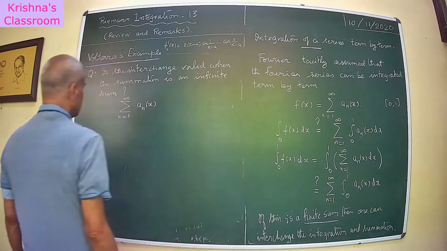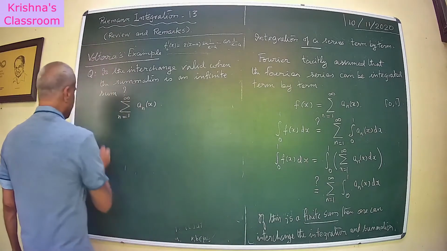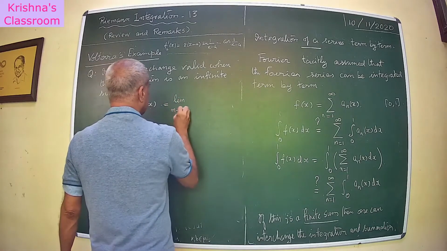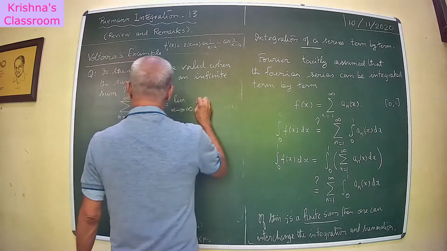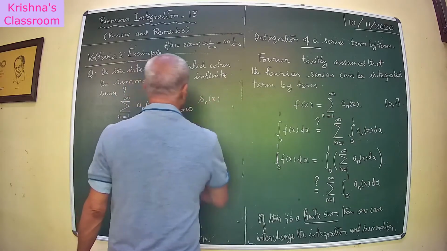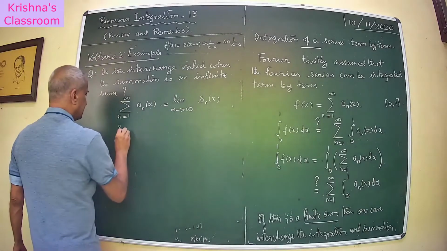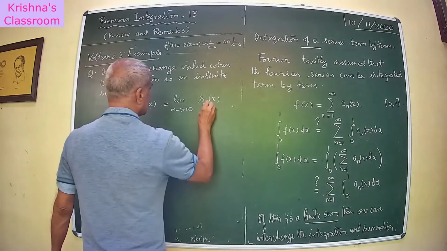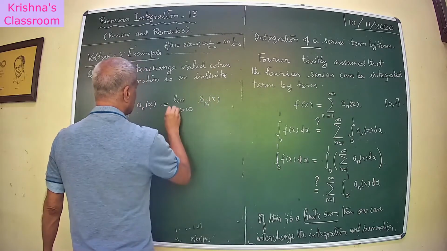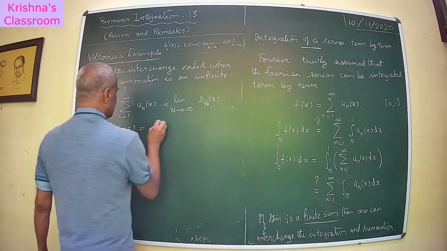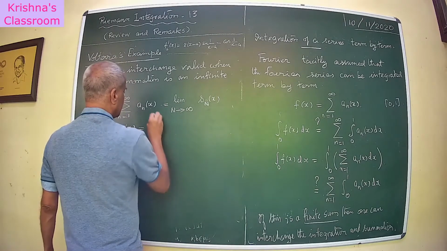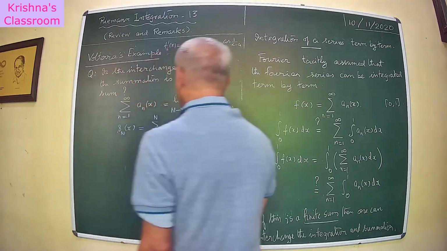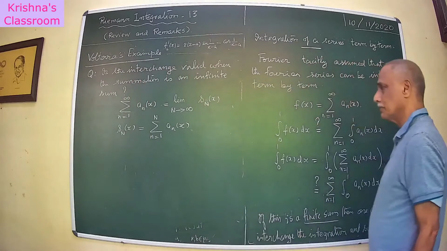This is equal to the limit as n tends to infinity of S_n(x), where S_n(x) is the partial sum. That's the meaning of it.